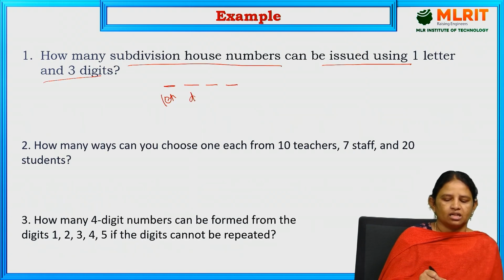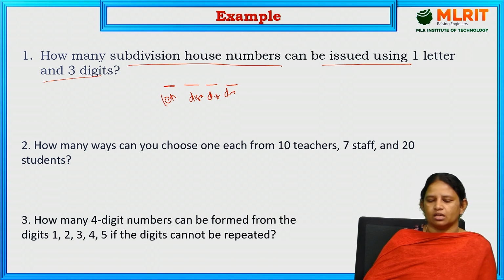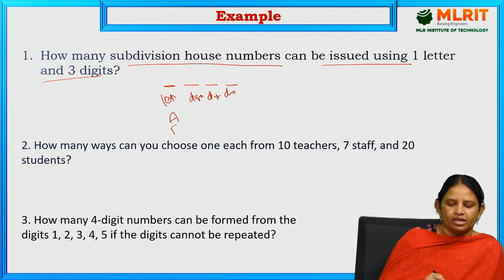If nothing is given, then repetition is allowed. So the house number consists of one letter and three digits. One letter means you can use A, B, C like that, and digits are 1, 2, 3.